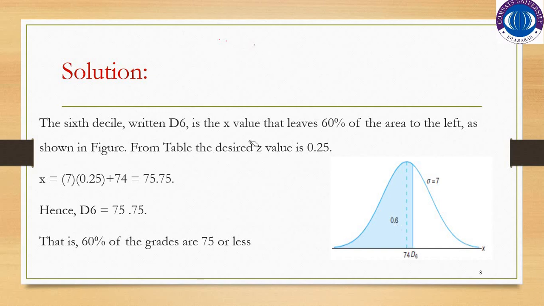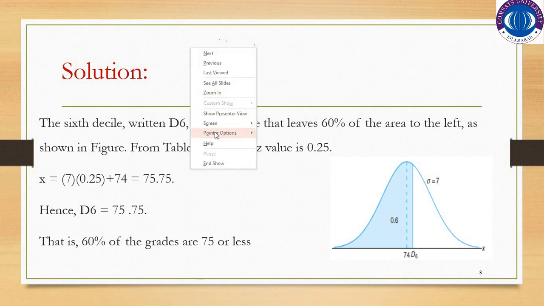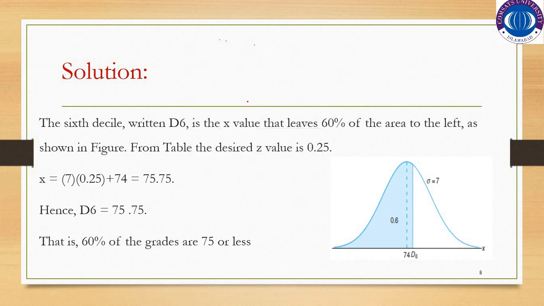In the standard normal curve, the mean is 0, and let's say I represent this point with Z6. This is the whole 60% of the area, 0.60. But we want to locate the area between the mean and Z6.